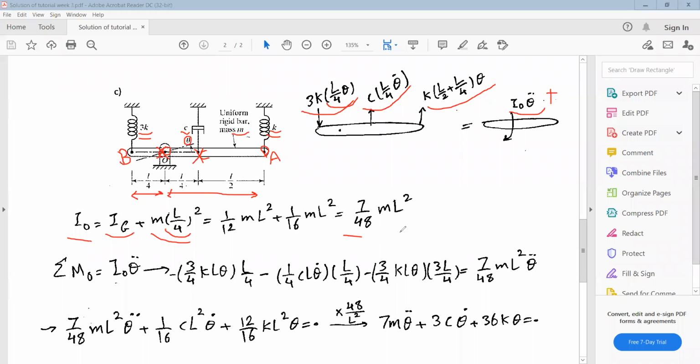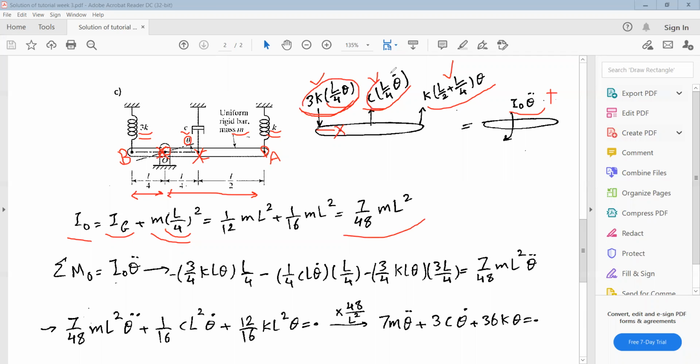And we can calculate the mass moment of inertia about point O and write the moment equation about this point. If you write the moment equation, we have three moments due to these three forces, each force multiplied by its arm, because we are calculating the moment about this point. The moment due to the first force, this one, is multiplied by its arm, which is L over 4.